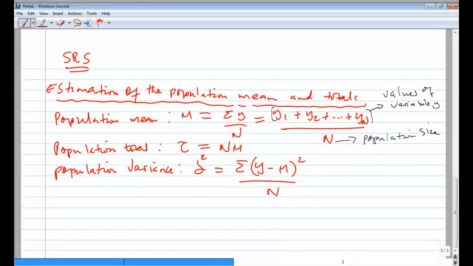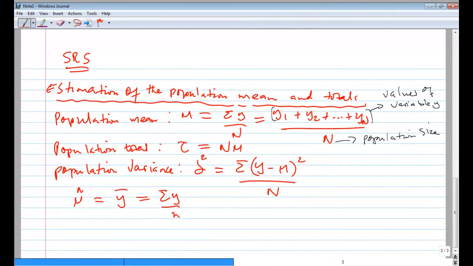Okay, now I'll show you how to calculate the population mean, population total, and population variance. The estimation of the population mean uses mu hat, which is equal to y bar, which is equal to the summation of y over n.